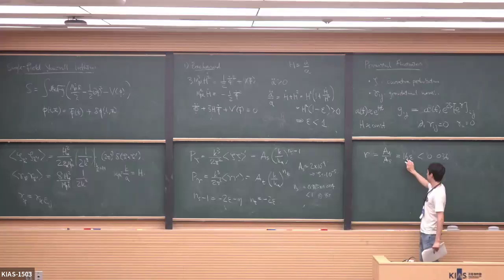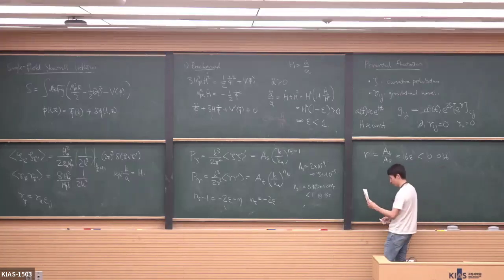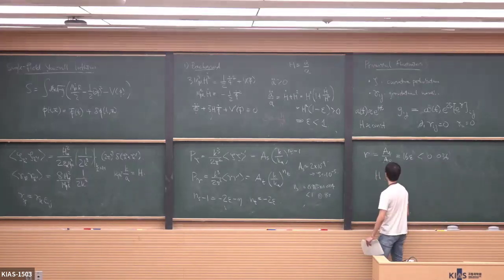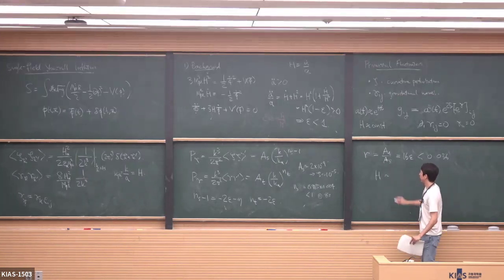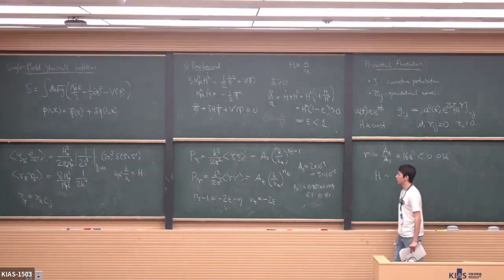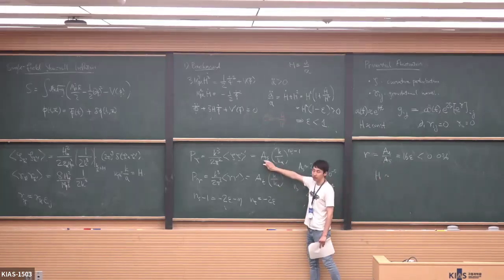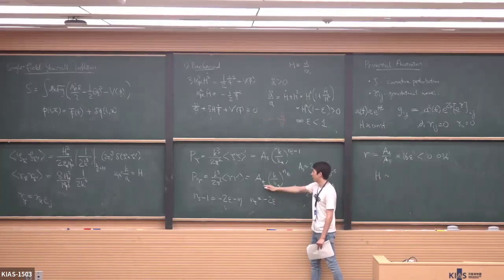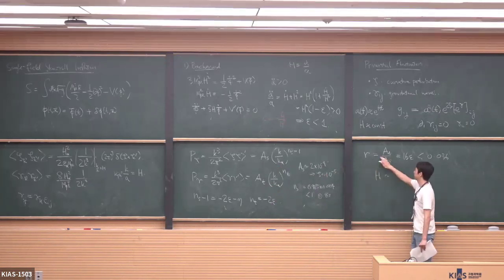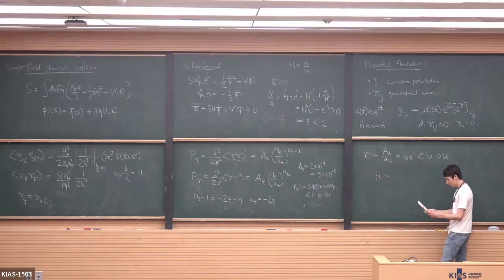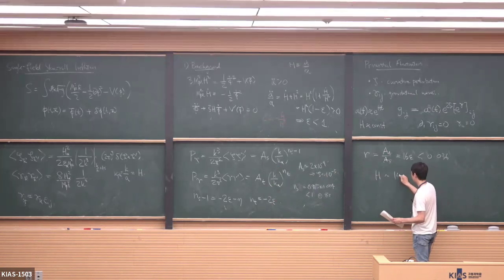In particular, you can use this constraint to write Hubble in terms of r. Because we have measured A_S and A_T is given in terms of this variable r, we can write Hubble in terms of r in this fashion.